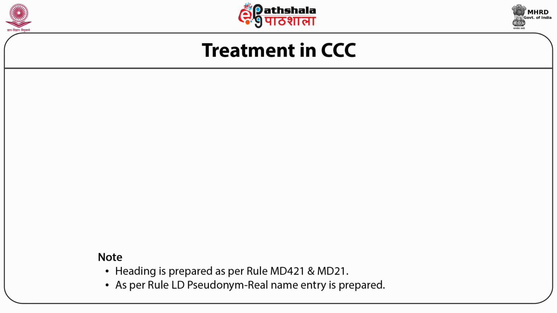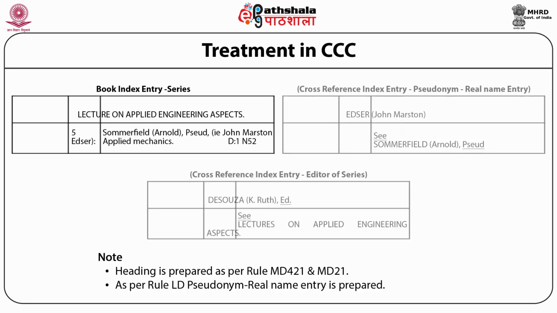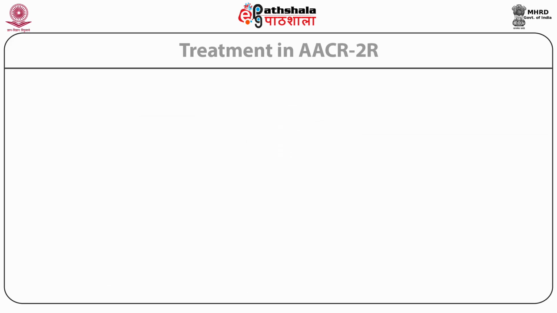However, the heading has been recorded as per rule number MD 421 of the present module, and the real name is recorded in round brackets. All other entries have also been prepared as per rules discussed in Module 11. However, the pseudonym to real name cross-reference index entry has been prepared as per rule number LD.